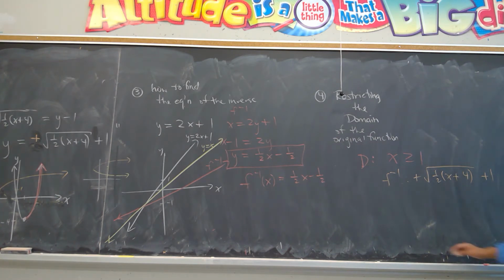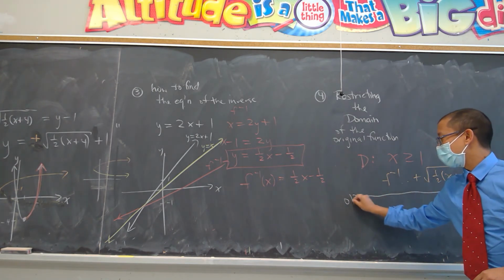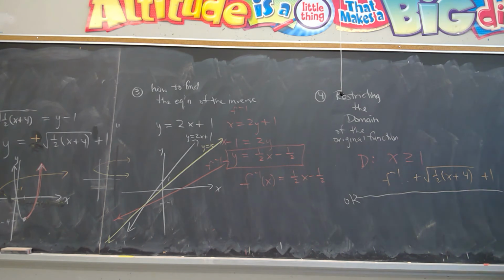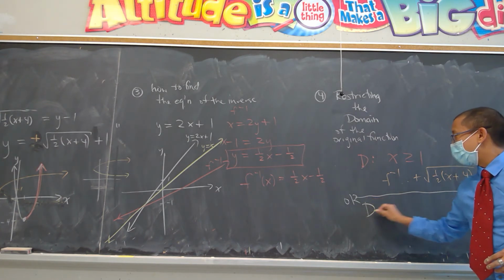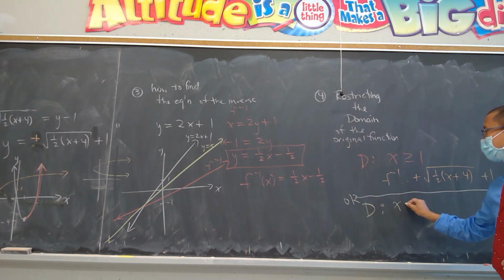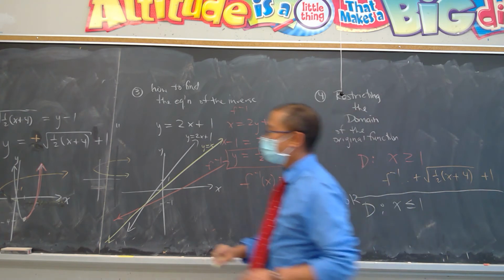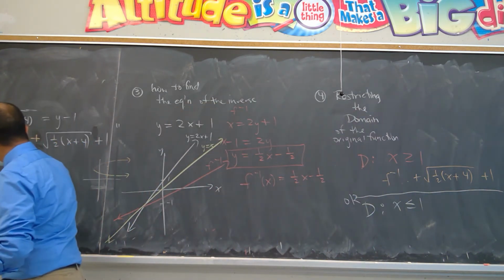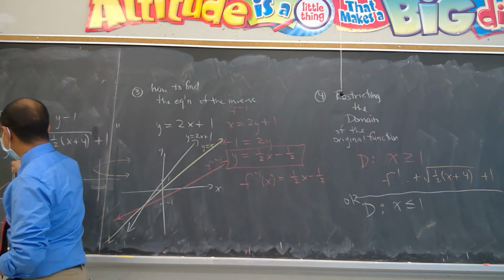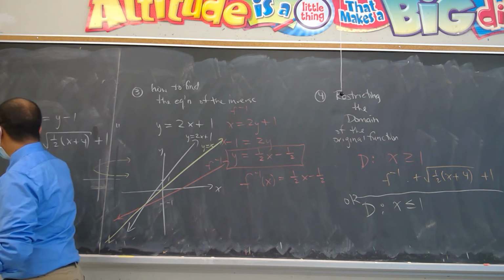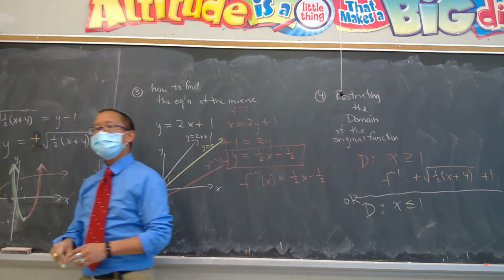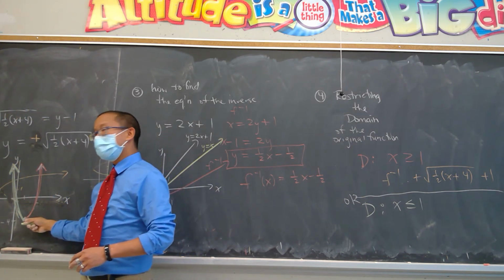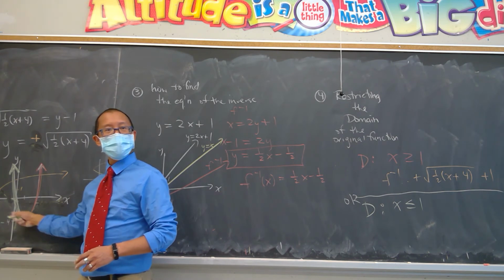However, there is another answer, and you don't have to give me another answer, but you could definitely do it this way. A lot of you realize we could do x is less than or equal to 1. What would that correspond to? That would correspond to this green part of the original function, going less than 1.